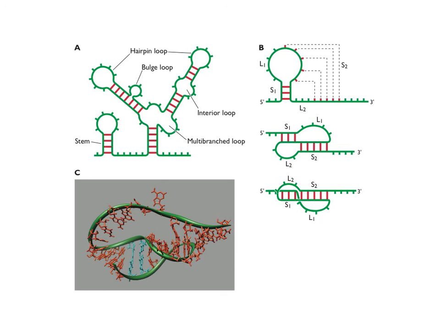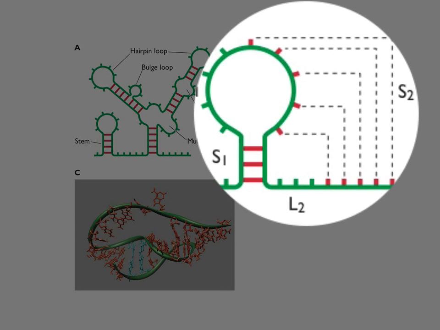Another kind of structure, which is really a secondary structure which is rather complex, is called a pseudoknot, and that's shown on the right here. Now in a pseudoknot, you have a stem loop structure shown here, and then some bases in the loop base pair with sequences downstream.